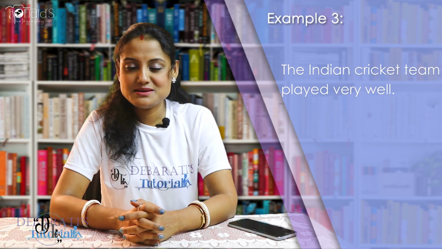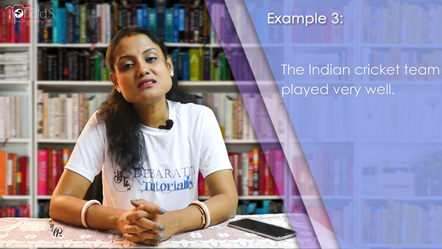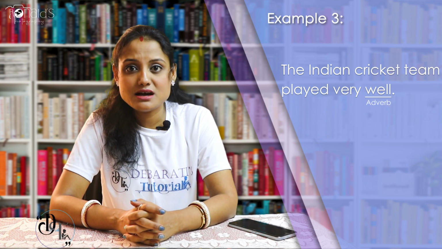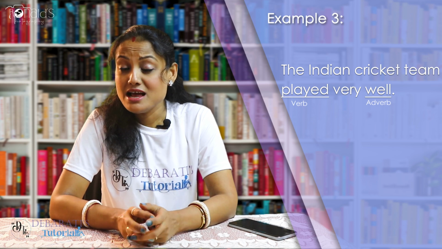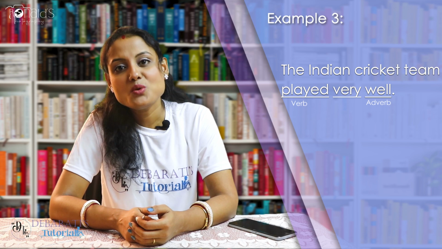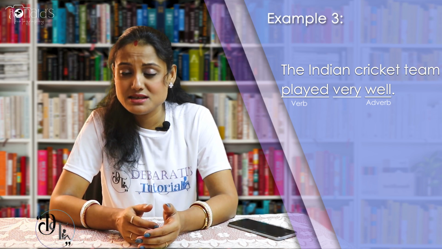Now example number 3. The Indian cricket team played very well. In this sentence, the word well is an adverb which is describing the verb played. But if you have noticed, the word very is describing the word well, which is trying to convey how well did they play?